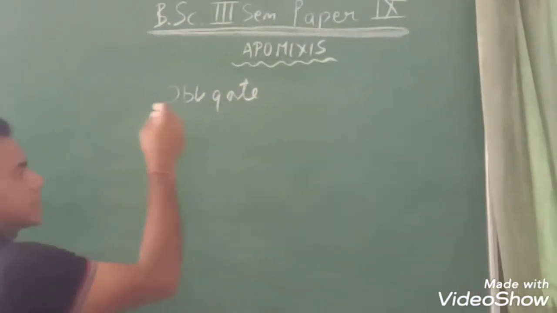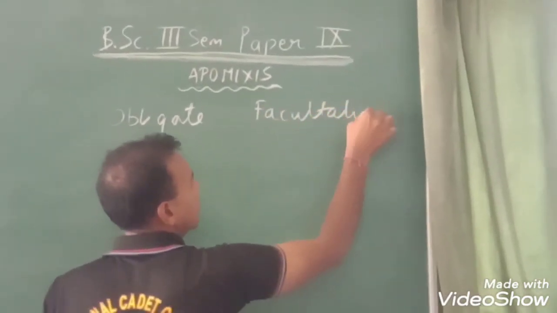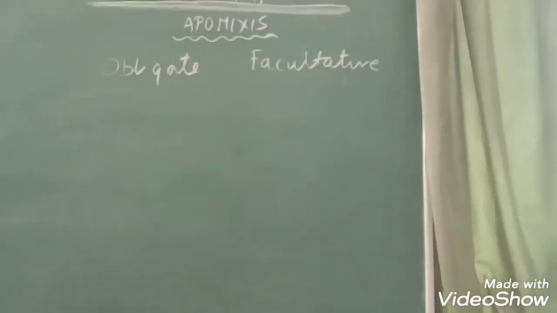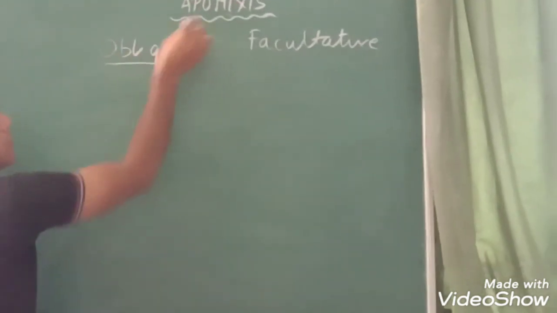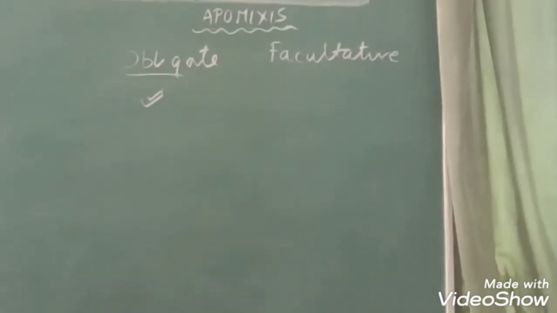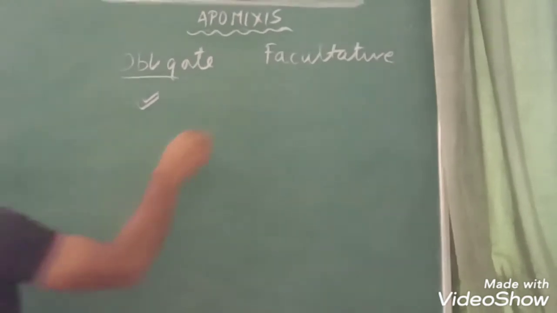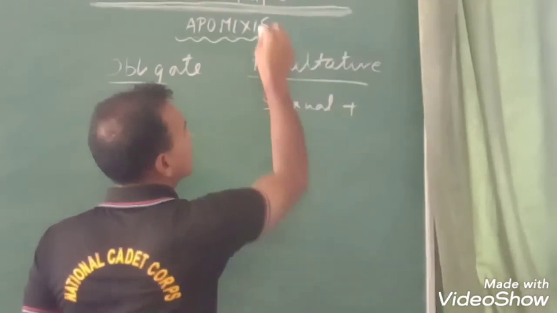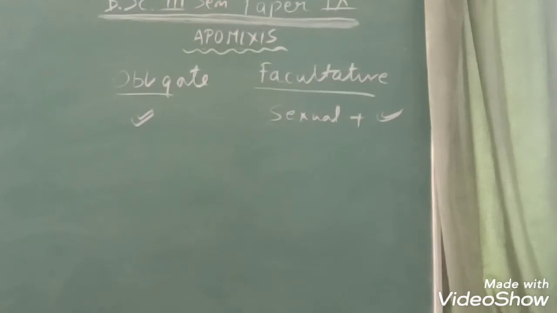Now, next, difference between obligate and facultative apomixis. Obligate, in which the plants reproduce by means of apomixis only. These are known as obligate apomicts, whereas the facultative, in which along with sexual, the apomictic development of seeds takes place.